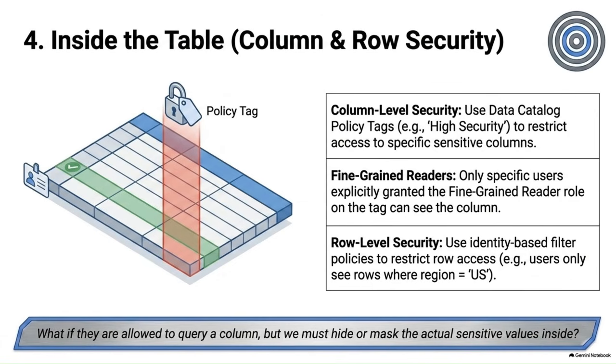So you have to use identity based filters. When a person logs in, you maintain the session ID, and you see via row level security what the region is. So you apply that row level security, and that also comes natively with BigQuery. All of these three, column level security, fine grained reader access, and row level security, come natively with BigQuery.